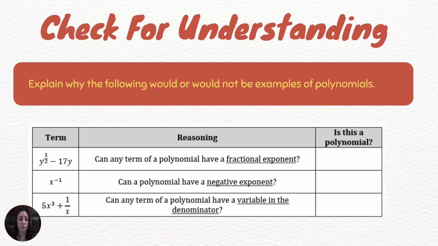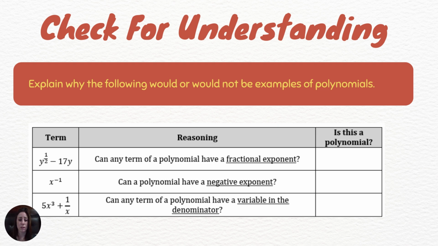On the next page, I wanted students to understand the difference between what makes a polynomial and what would be examples of non-polynomials. For this one, we did it together. I asked the students with each one if it was an example of a polynomial and why it would not be. All of these are non-examples of a polynomial.